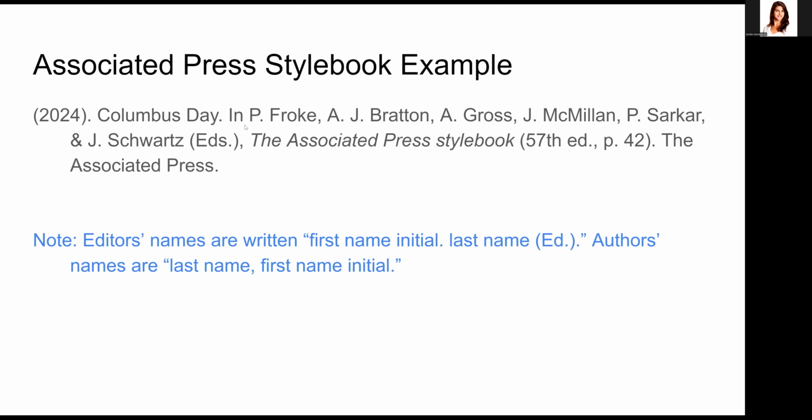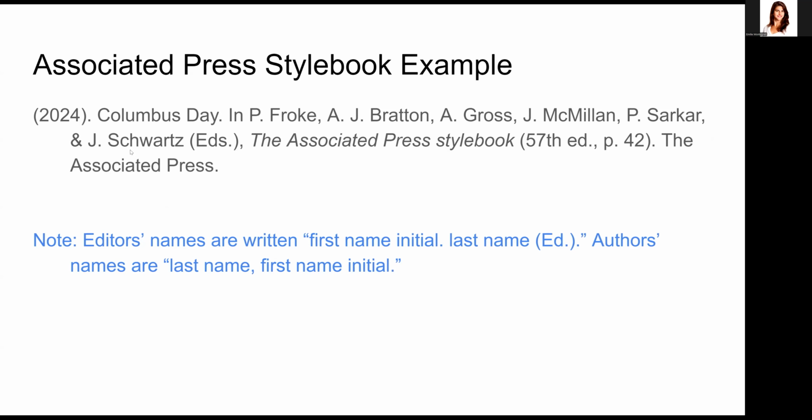So in this case, we have several of them. So we list them with their first name initial and then the last name. Now that is different from the way authors' names are included in an APA reference. Remember, author's information is last name, comma, first name initial. So in this case, we have all 1, 2, 3, 4, 5, 6 editors listed here.